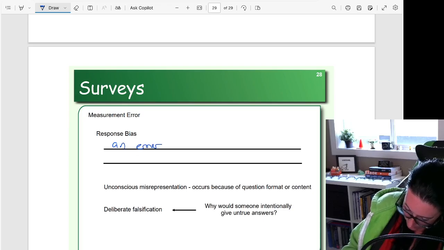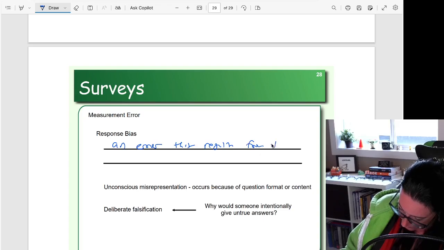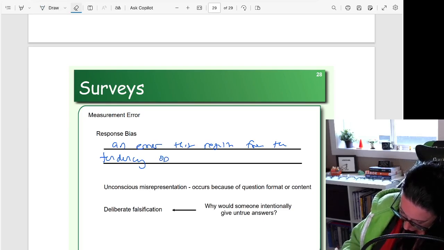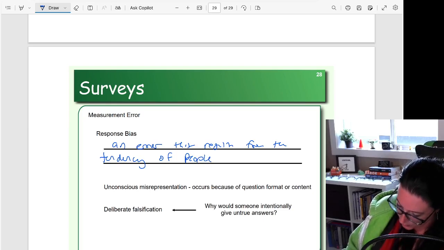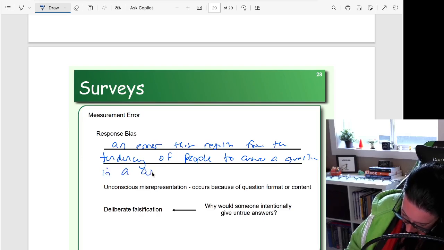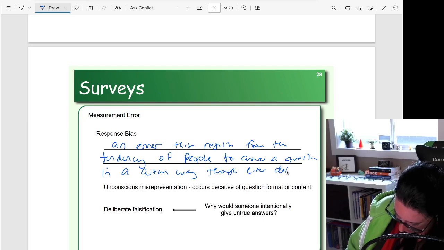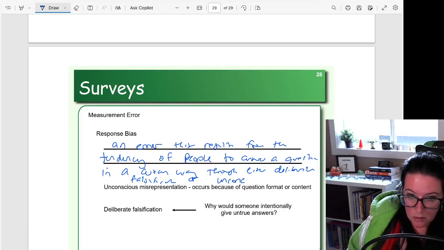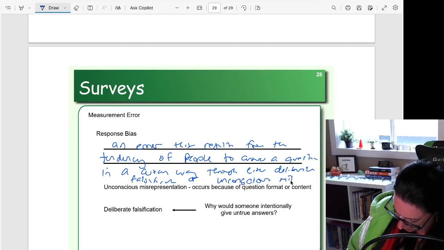This is an error that results from the tendency of people to answer a question in a certain way through either deliberate falsification or unconscious misrepresentation.